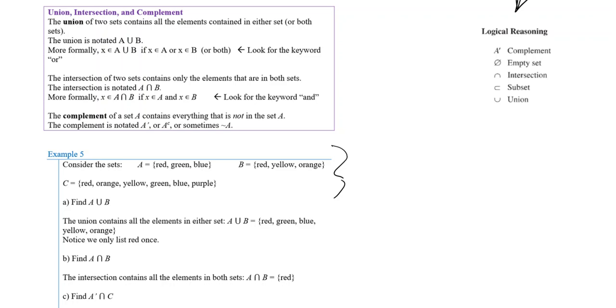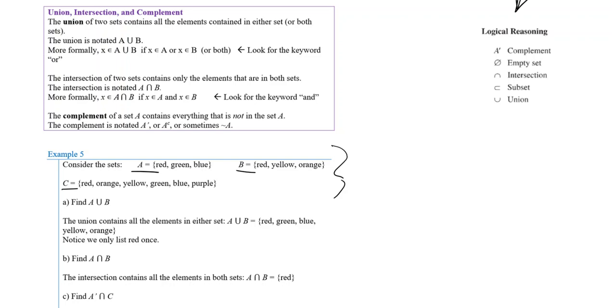So this one says, consider the sets. We've got A, B, and C, and these ones are dealing with words. It says find A union B. The symbol for union is like a U. That's typically how I remember union, that it looks like a U. So union means it doesn't matter which one it's in. It's like or.